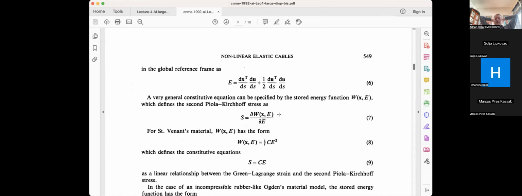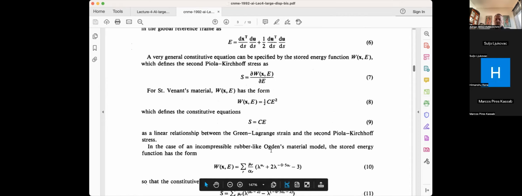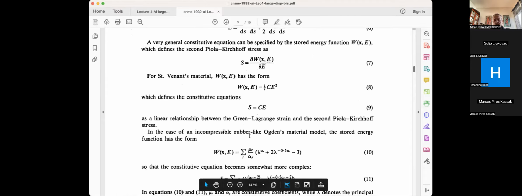So if I take some benign material, this will be 1/2 C times E squared, and my stress tensor will be C times E. I recall again, if it was very large compressive stress, I'm in trouble, but in tensile, I'm fine. Or I can take something like Ogden's incompressible rubber-like material, where lambda is a stretch, and mu and alpha are material parameters that are obtained from fitting the curve that you obtain.